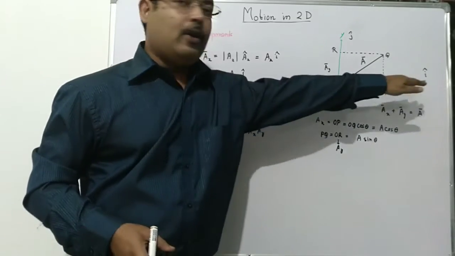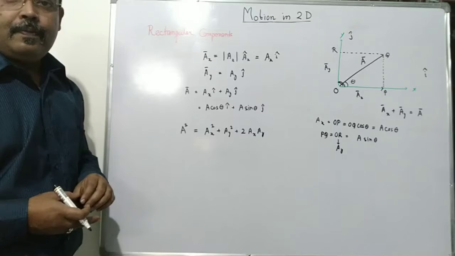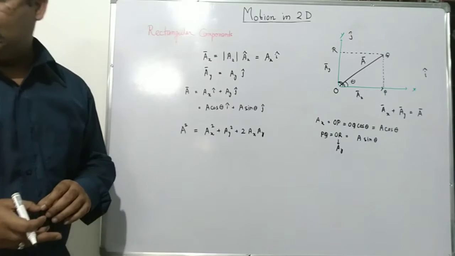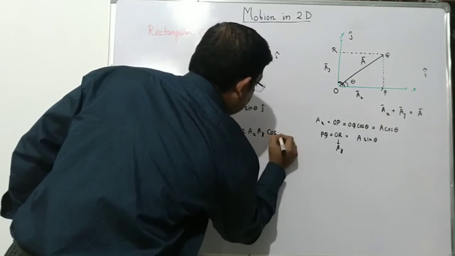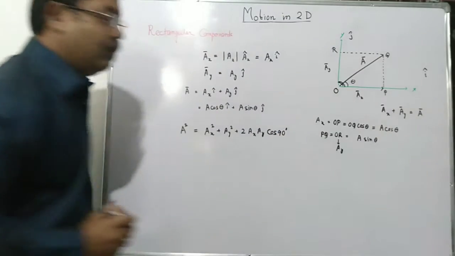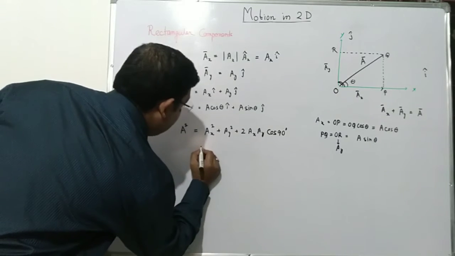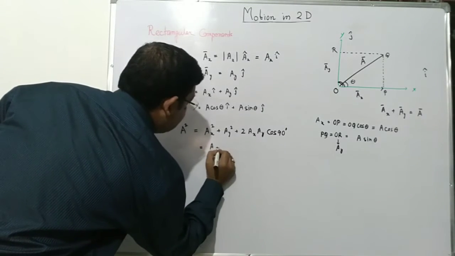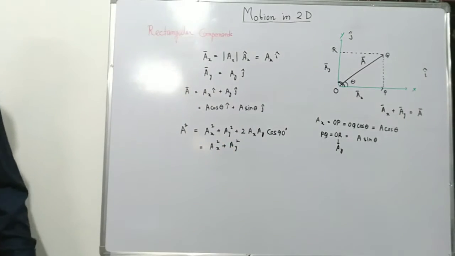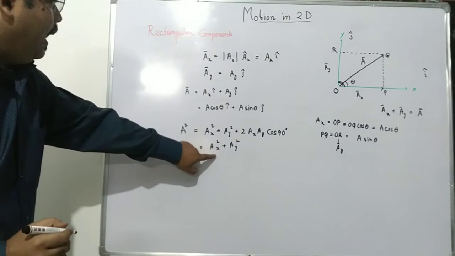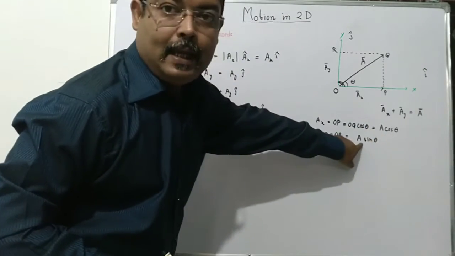Since AX is along the x-axis and AY is along the y-axis, the angle between them is 90 degrees, right? So we have cos 90 degrees. But cos 90 degrees is 0, we all know. So what we will have is AX squared plus AY squared. But AX we have found is A cos theta and AY is A sin theta.